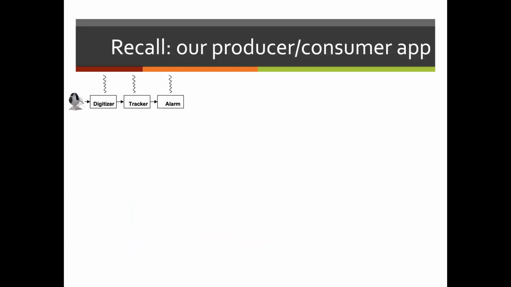And so let's revisit the example that we previously introduced of our video producer consumer app. If you recall, we have systems that operate in parallel: the digitizer, the tracker, and the alarm portions.